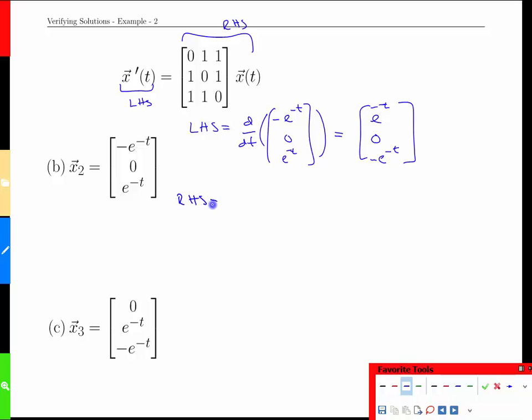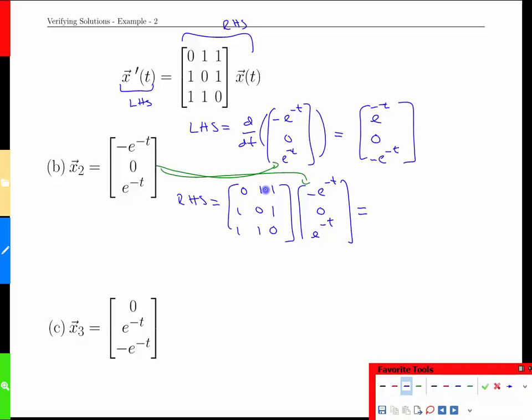The right-hand side is this matrix, 0, 1, 1, 1, 0, 1, 1, 1, 0, times our proposed solution. So again, this is being used in both places here where x occurred. We plug it in here, and what we get is 0, 0, positive e to the negative t, then negative e to the negative t, 0, positive, that ends up canceling.